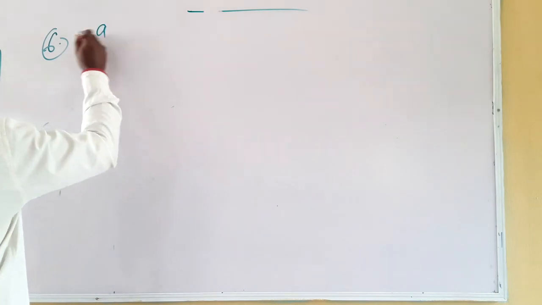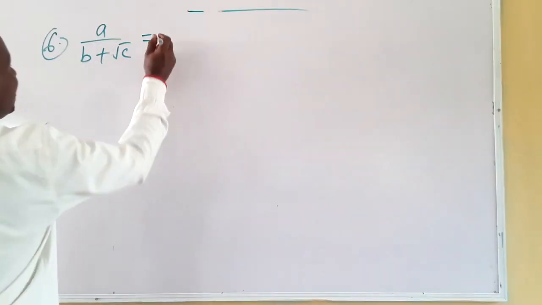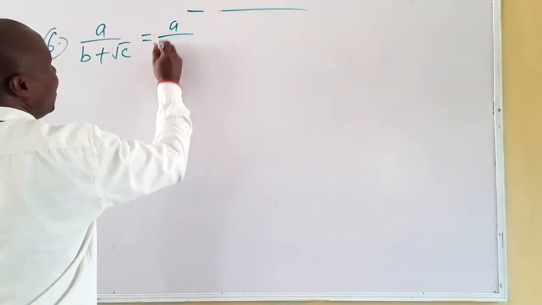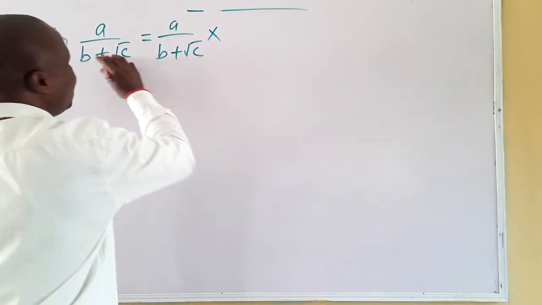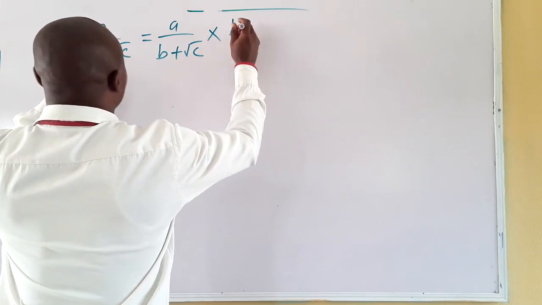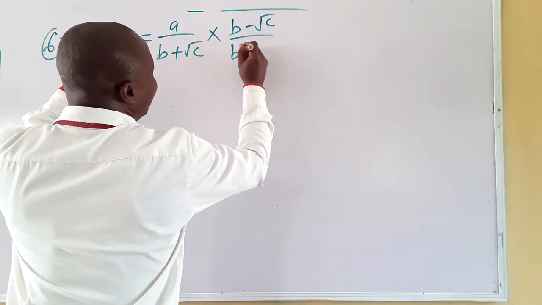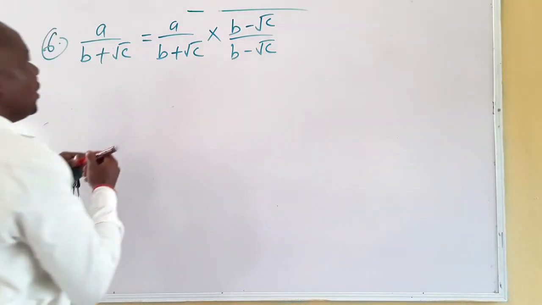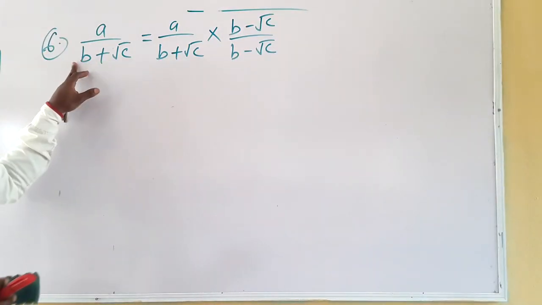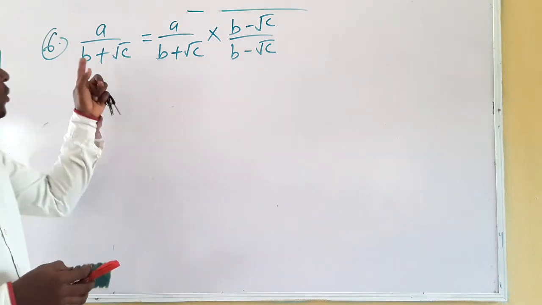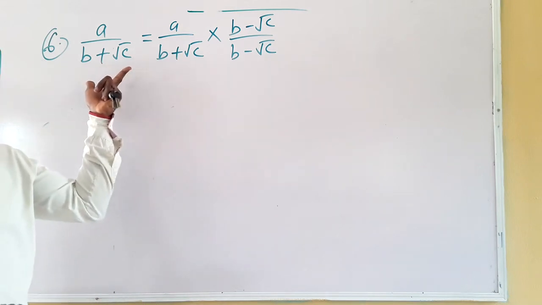If you have root a divided by b plus root c, for instance, that is the same thing as root a divided by b plus root c times the conjugate of the denominator, that is b minus root c divided by b minus root c. Now, when we have a mixed surd like this under the denominator of a fraction, to get rid of the surd at the denominator, we simply rationalize by the conjugate of the denominator.